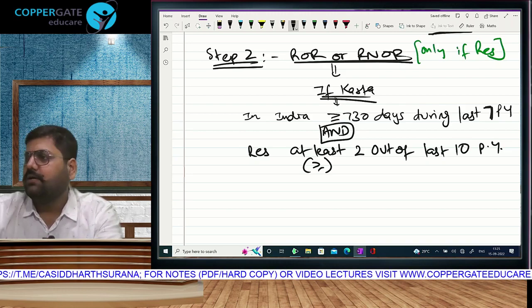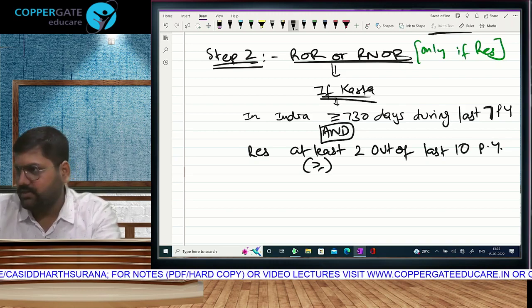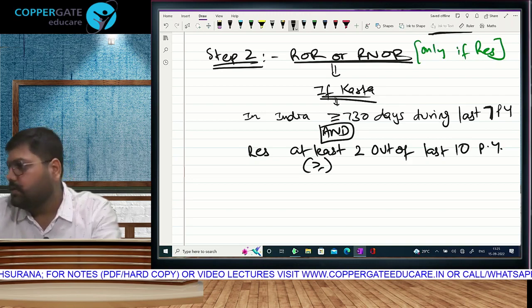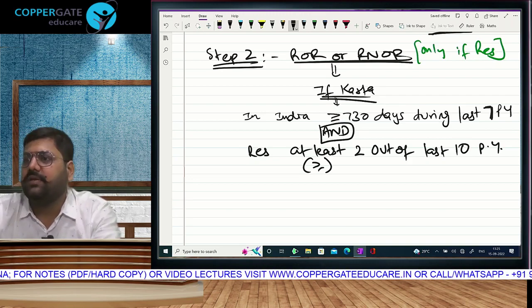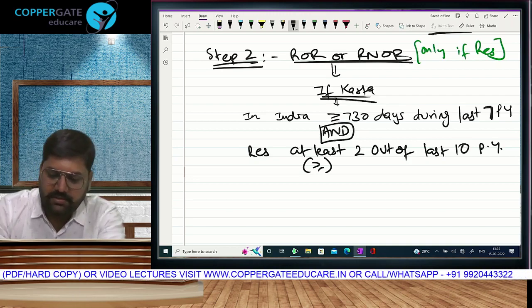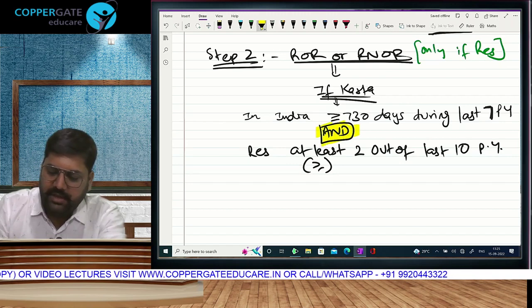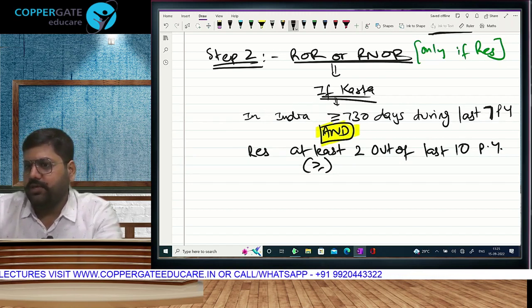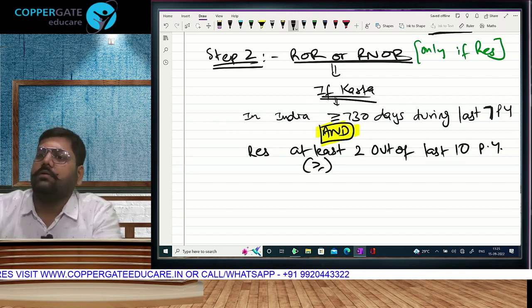If the karta was in India for 730 days during last 7 years, and if the karta was resident in 2 out of the last 10 years, then the HUF will be treated as ROR. But both conditions are required. I think you have understood this. So if the karta is fulfilling only one of them or none of them, HUF will be RNOR.